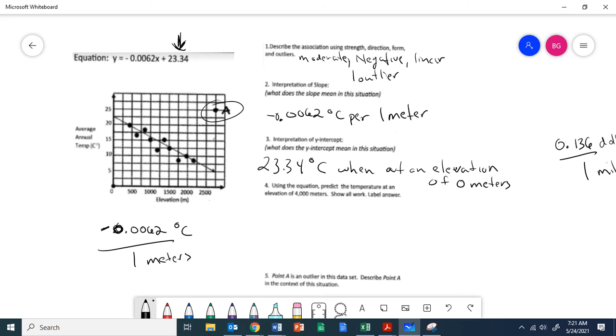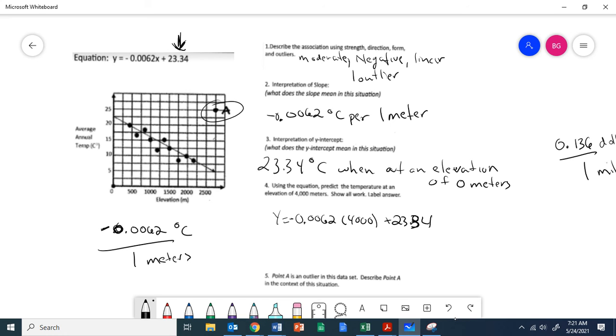Now use this equation to predict the temperature at an elevation of 4,000 meters. Let's try this one out. You're going to put 4,000 in for x. You're going to do y equals negative 0.0062 times 4,000 plus 23.34. Type this into a calculator.